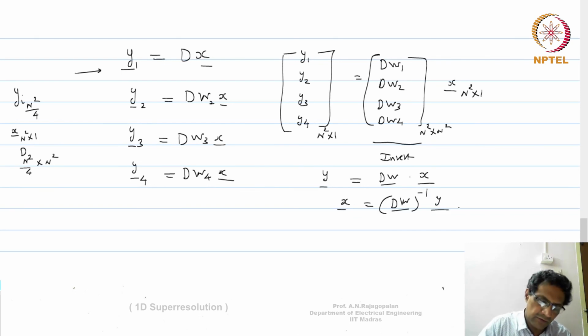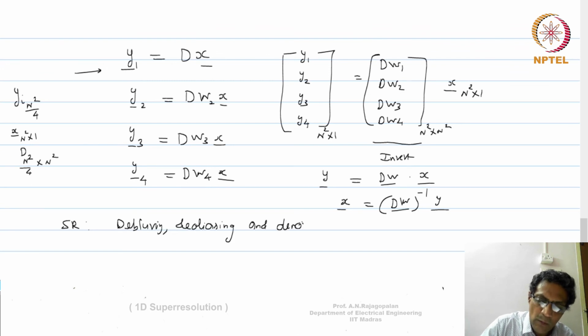So in a sense, the super resolution problem, we can define it in 3 words. It's de-blurring, de-aliasing, and denoising. Now you'll wonder, why did I bring in de-blurring suddenly? Well, inherently, there is a blurring whenever you do super resolution, because you are downsampling. You are averaging 4 pixels. Any averaging is like blurring. Therefore, you are trying to de-blur.